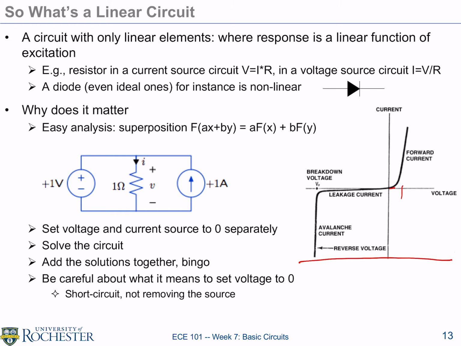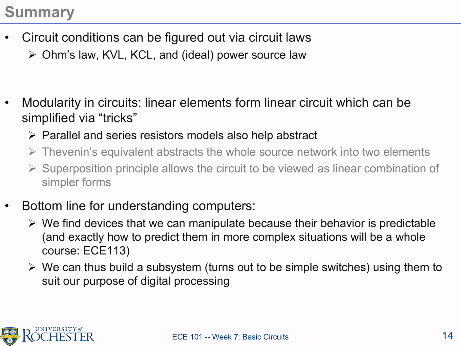So linear circuits are simpler, but still you will go through lots of exercises in 113 about them. Here, what we wanted to tell you, to get a feeling, is that if I put circuit elements like the diagrams that we show, then because of all these physical laws, the nature, the conservation, the circuit has to operate at a certain level, that the voltage be this, the current be that.